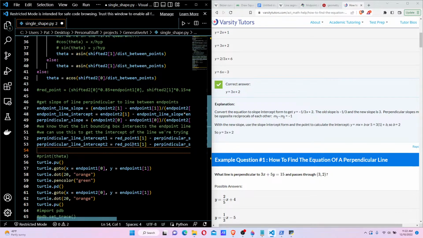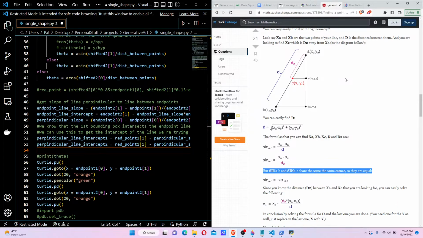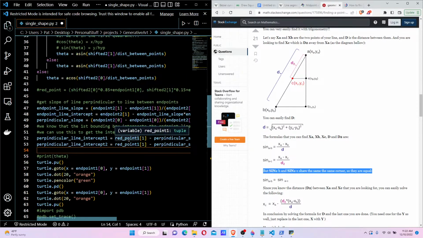So I could do the same thing, start at that point, move along the line some distance. How did I do that before? Red point. Oh, just got the difference in the points and moved some distance. So move a distance along a line.